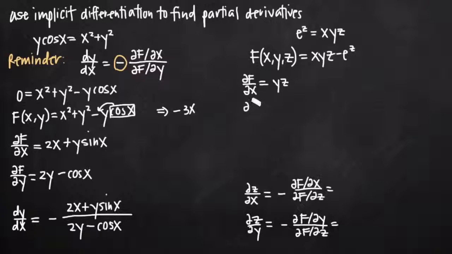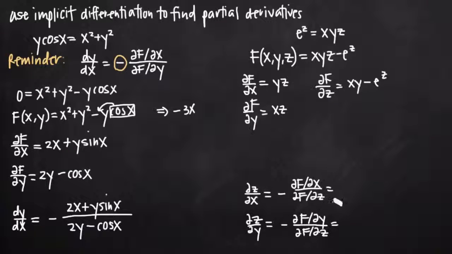The partial derivative of f with respect to y will give us xz for that first term, and then 0 for the second term because there's no y variable involved in this e to the z term. The partial derivative of f with respect to z will give us xy for the first term, and then minus e to the z because the derivative of e to the z is just itself, e to the z.